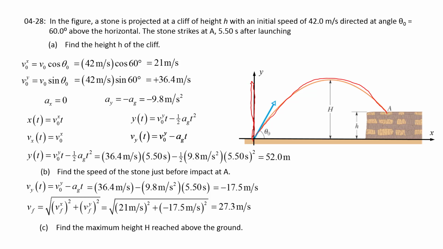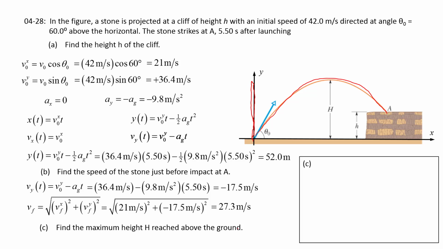Well, we could calculate time or do various things, but I think the most straightforward thing to do is, let me reserve a little space over here on the right-hand side for this solution. The most straightforward thing is to just use that third equation that says final velocity squared is the initial velocity squared plus 2 times a times the change in distance.